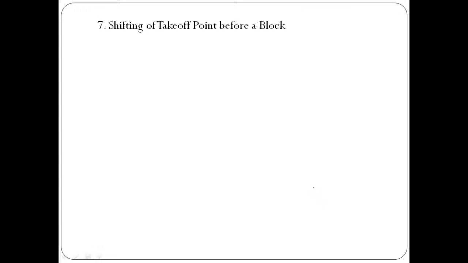So in rule number 5 and rule number 6, we learned in detail what will happen if you change the position of the summing point, maybe after a block or before a block. Now we are trying to understand that if you shift the position of the takeoff point before a block or after a block, then what changes we need to maintain in the system so that in both cases we will get the same output. That is important.